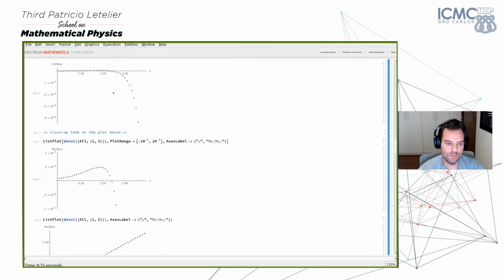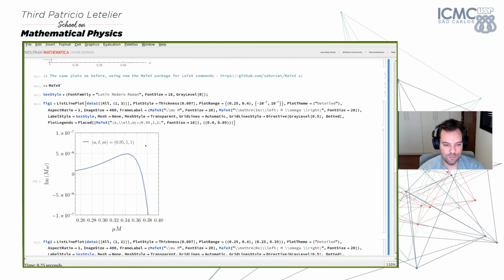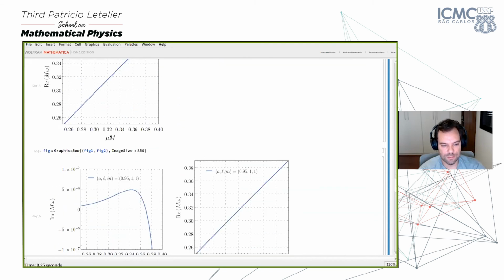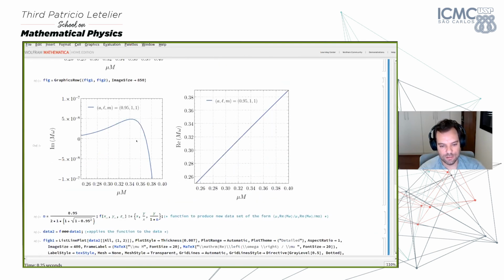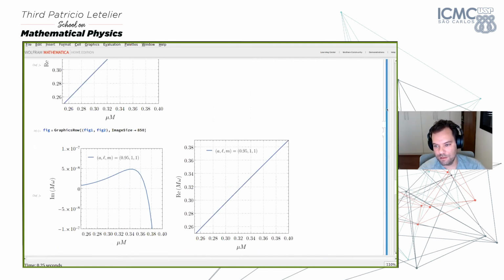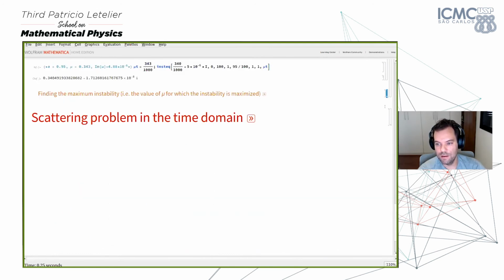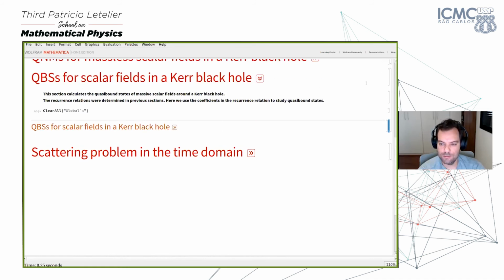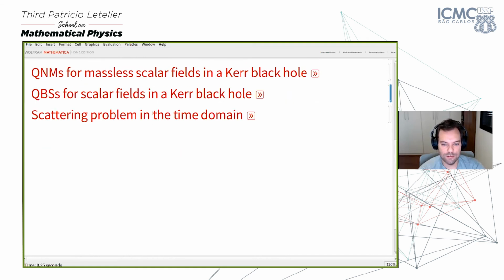And here are just the results, the same plots I showed you before in the slides. It's all commented, and if you have time to look into the detail and have doubts about it, just send me an email and I'll try to explain if there's some doubt that remains. And finally, the last part here, the scattering problem in the time domain.